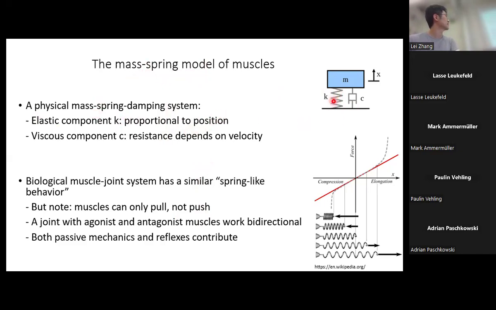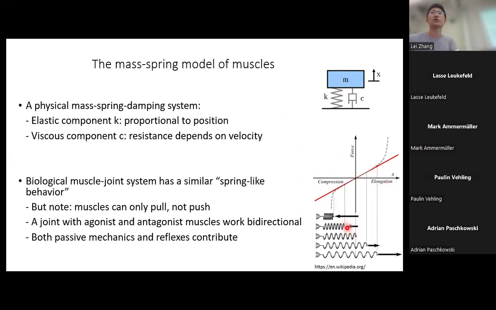We have the elastic component with stiffness K, and also the viscous component C, attached to the mass. So this can be well described by a dynamical system. And for simplicity, let's first ignore the damping component. So let's just think about the muscle as an elastic spring here.